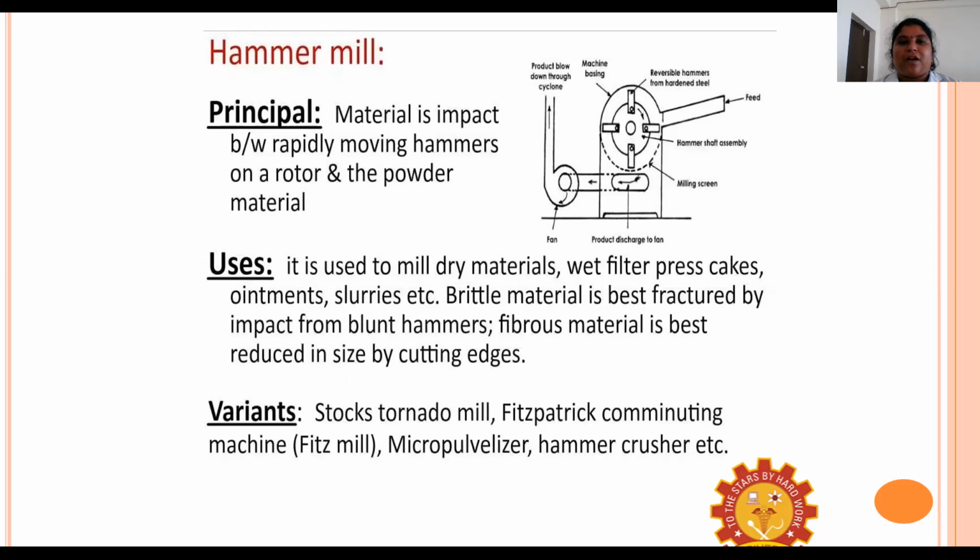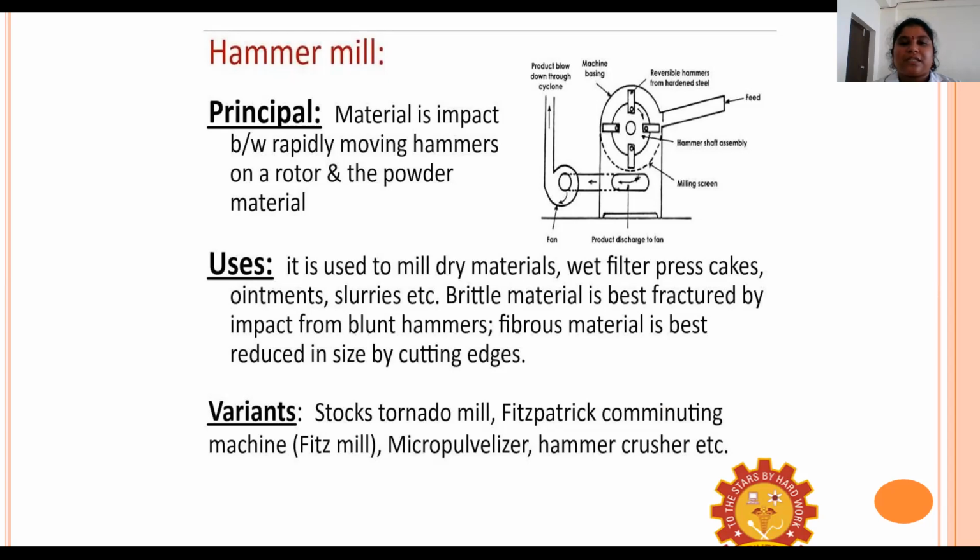That is what you call impact. So the name itself indicates the principle on which it works: material is impacted between rapidly moving hammers on a rotor and the powder and material.